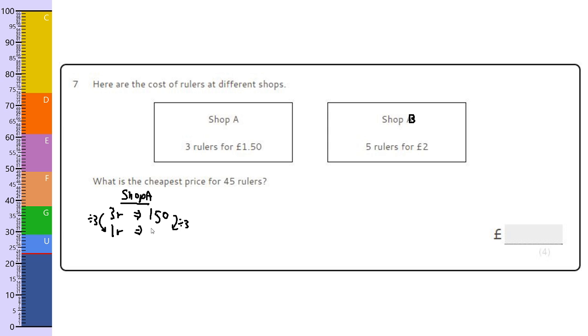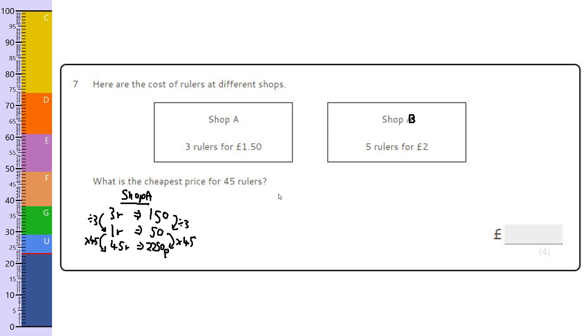So those rulers are going to be 50p each. I then can times that by 45 to find out what 45 rulers are going to be. So 50 times 45 is 2250 pence. Okay, this is all in pence.